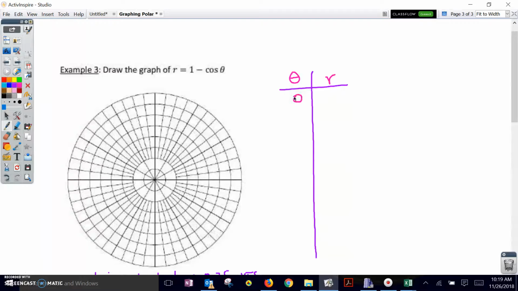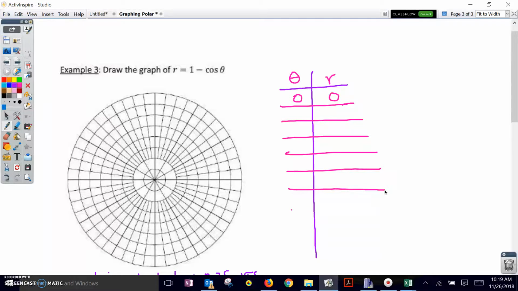For instance, when theta is equal to 0, the cosine of 0 is 1, and 1 minus 1 is 0. So there's our radius that goes with that point. And I'm going to just generate a bunch of points to get us started here.